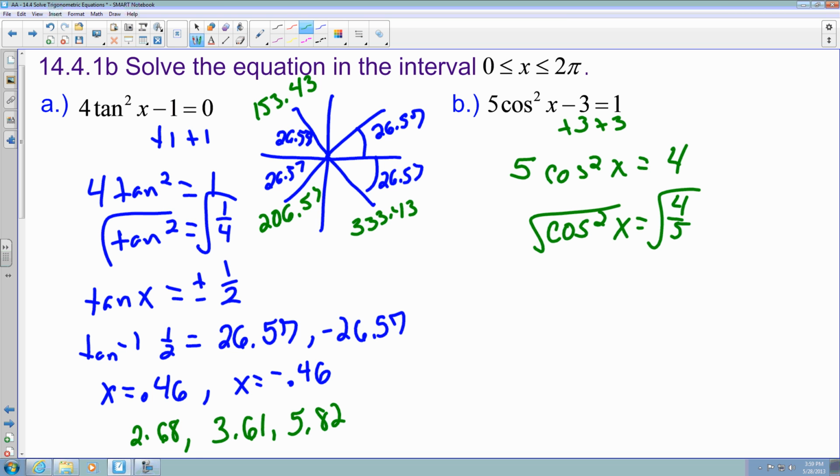Taking the square root of this, I get cosine of x equaling 2 over the square root of 5. If I multiply both the top and bottom by the square root of 5, I get 2 times the square root of 5, all divided by 5.